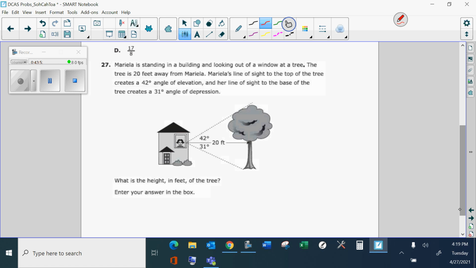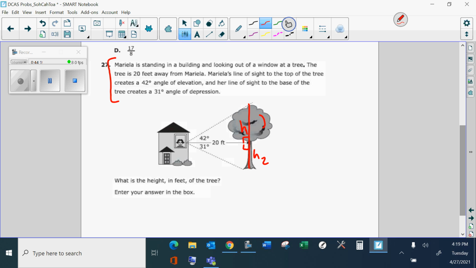So you're now finding the height of the tree. I have to find this height with this triangle, and I find this height with this triangle down here, and then add them together. Call it h sub 1 and h sub 2. Okay, here's just given the information right here. What's the height of the tree? Like I said, we find this h from this top triangle, find this h sub 2 in the bottom triangle, add them together.